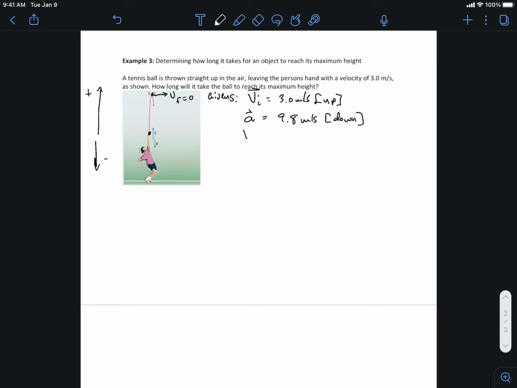Okay, so you can include in your list of knowns the final velocity for what we're interested in, the maximum height. The final velocity at the maximum height is 0 meters per second. Okay, now you're just going to look at, what is it that I'm looking for? Well, I'm looking for delta t. That's unknown. So you're looking at your lists of knowns and unknowns, and you're trying to pick an equation that's going to best serve you.